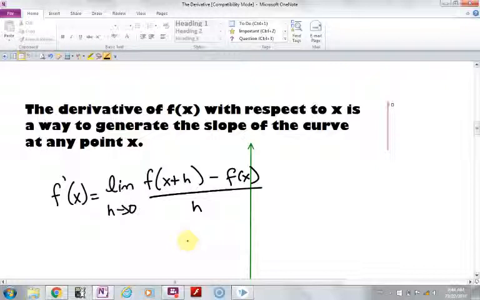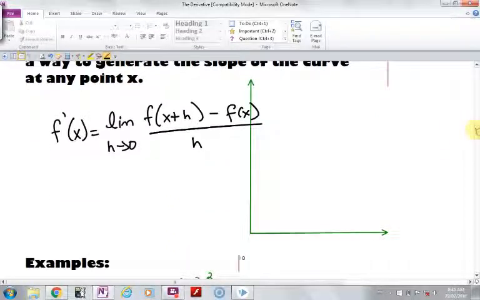And so we'll be able to find the slope at any x value, so we can do it over and over and over again because we'll have this general function. And that's our goal, okay? Is to be able to use that particular limit equation.